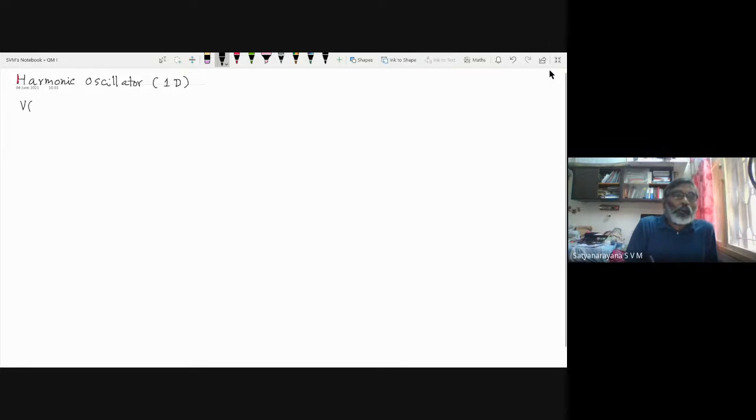given by a one-dimensional potential, half m omega square x square, where m is the mass of the object which is oscillating, and omega is called the natural frequency of the oscillator. Once the oscillator is fixed, these are constants of the oscillator.